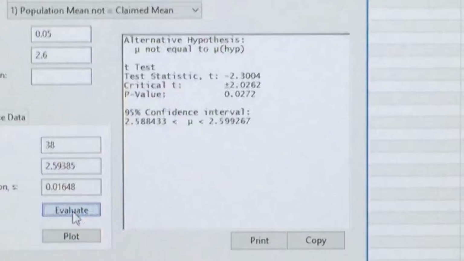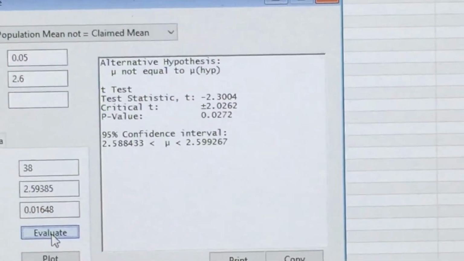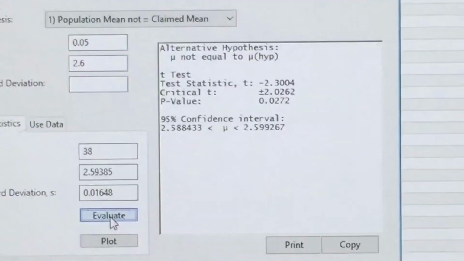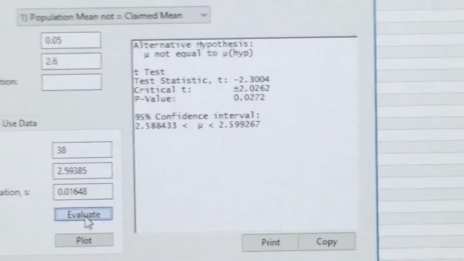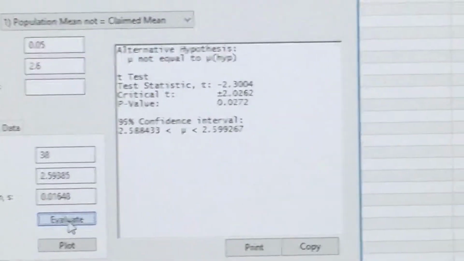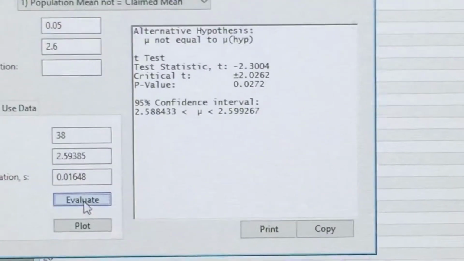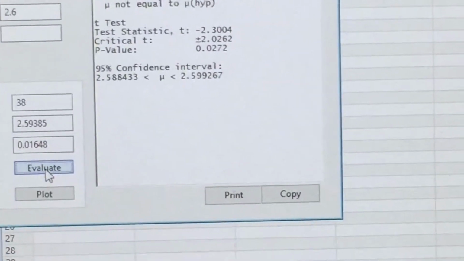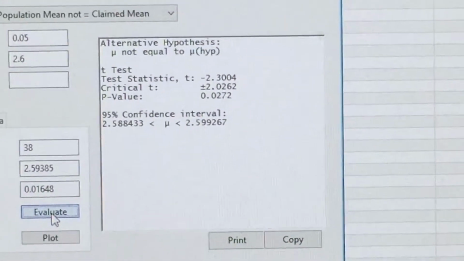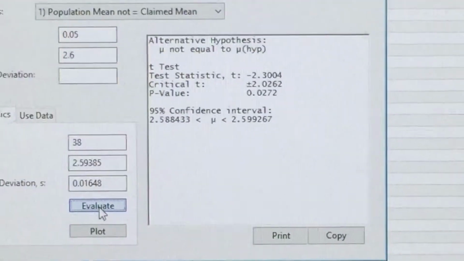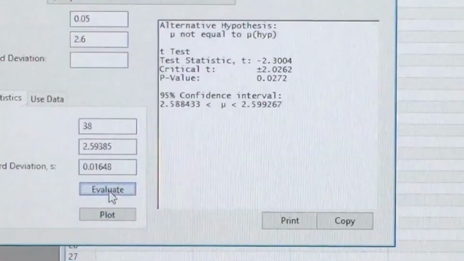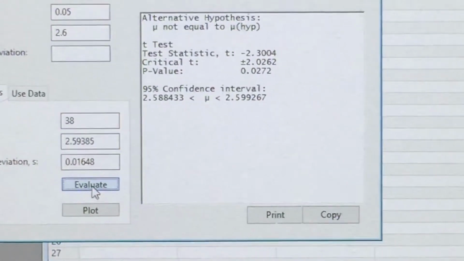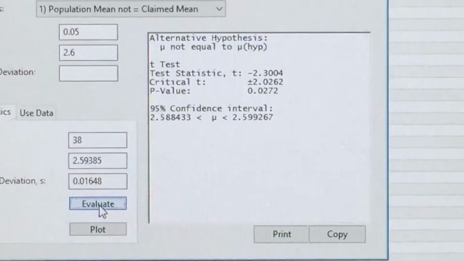So you can see right here in that window what your alternative hypothesis is: mu is not equal to the claimed value of 2.6. It is a t-test, so your test statistic is going to be negative 2.3004. Your critical t-value is plus or minus 2.0262, and you have two critical values because it is a two-tailed test. Your p-value in this case is 0.0272.